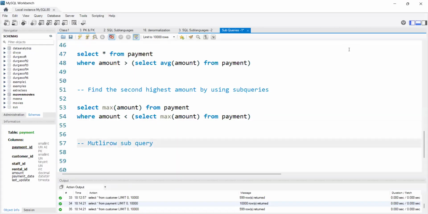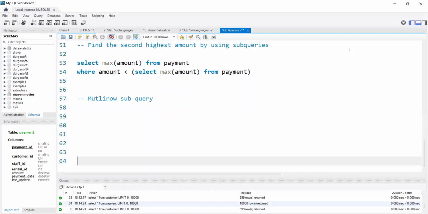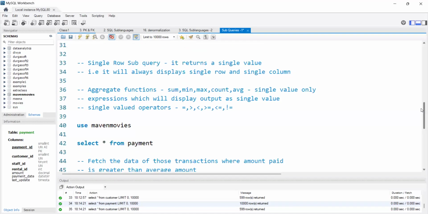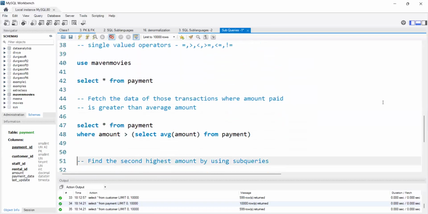All right. Yesterday we finished the single row subquery, and today we are trying to understand the multi-row subquery. As the name suggests, single row subquery, as we discussed yesterday, means that if we execute a subquery and it returns a single value, that is called a single row subquery.